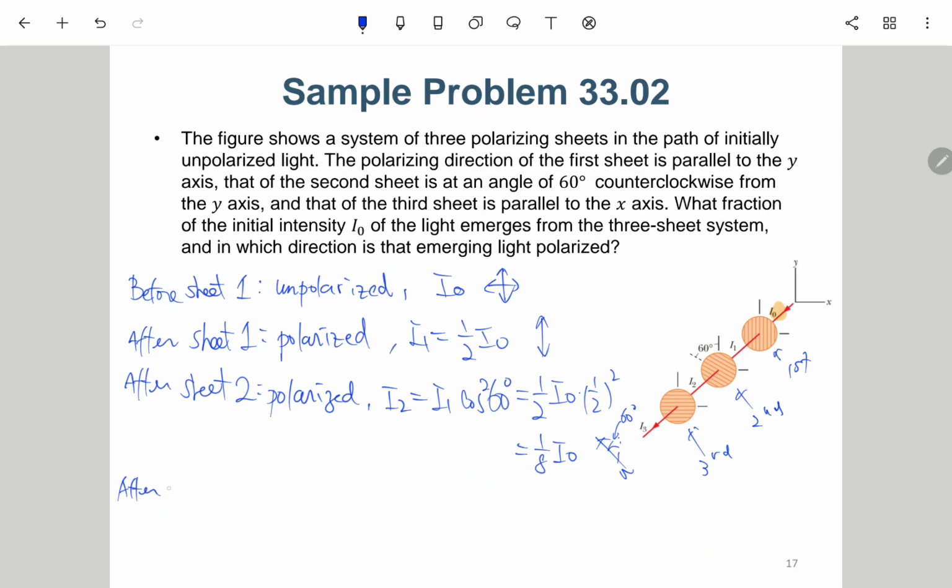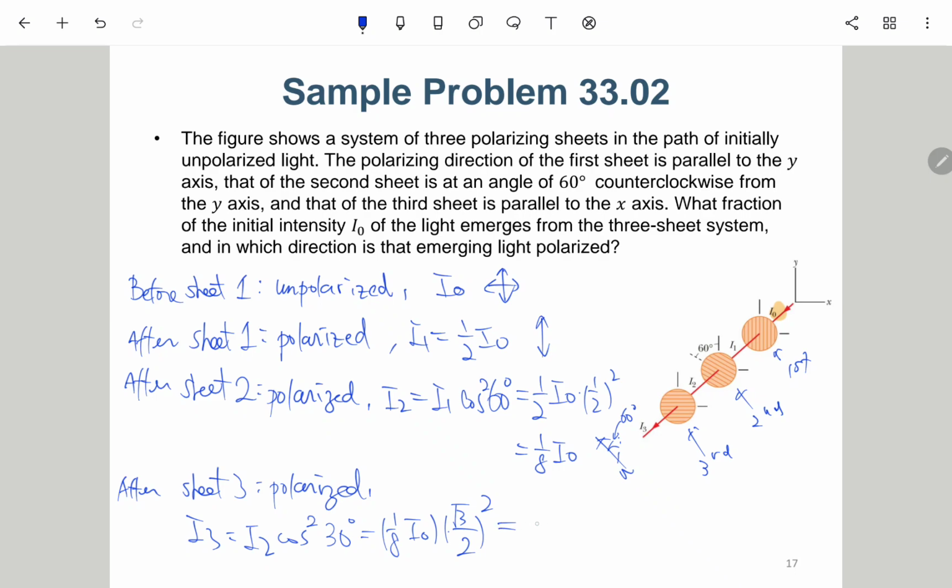After the final sheet, number 3, the light is of course also polarized, and I3 will be I2 times cosine squared of 30 degrees. I2 is 1/8 I0, and cosine of 30 degrees is square root of 3 over 2, squared.